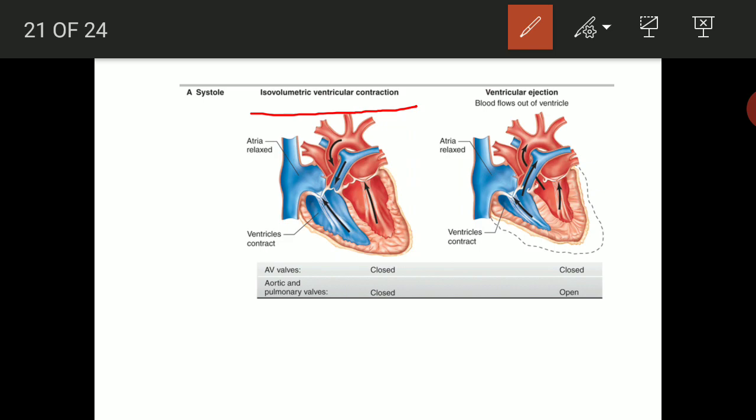There is blood inside the ventricle, but it is not pumped out. When sufficient pressure is generated, the blood will be pumped to the aorta through the left side and to the pulmonary artery through the right side.